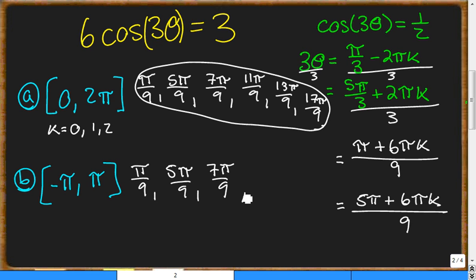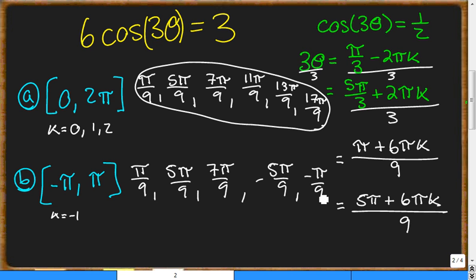Now, if I go backwards, I need to look at what if k were to be negative 1? If it were negative 1, I would get negative 5 pi over 9. Okay, so that works. If it's negative 1 here, this is negative pi over 9.